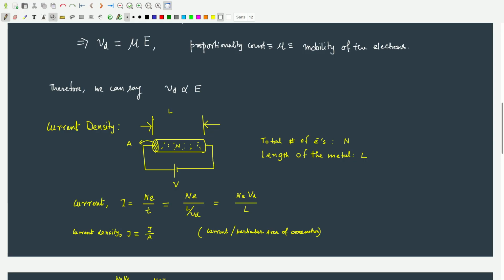Here the electronic charge is denoted by e without the negative sign. N into e is the total charge, and it takes time t to travel from this end to this end, then the current is Ne by t. And t is basically the length of this bar or rod divided by the velocity of electrons, L by Vd. That means I equals Ne multiplied by Vd divided by L.